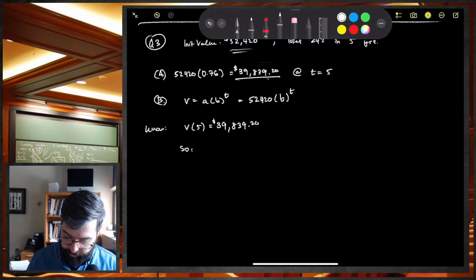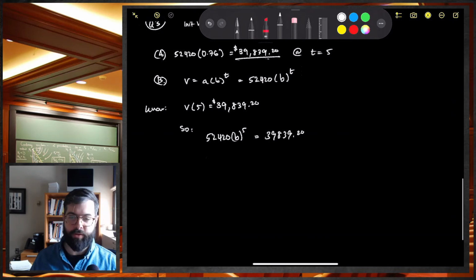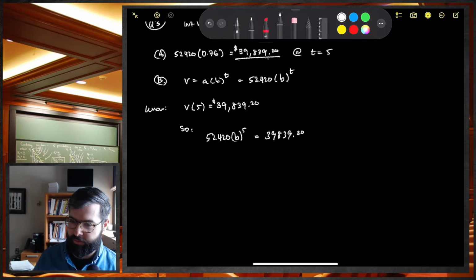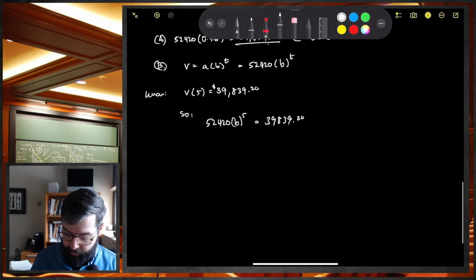So we know that 52,420 times b to the 5th power is 39,839.20. So here's the part where a lot of folks got mixed up, because we're solving for this b. It's not 0.24, it's not 0.76, it's whatever this decay factor is raised to the 5th power. So we divide both sides by 52,420.